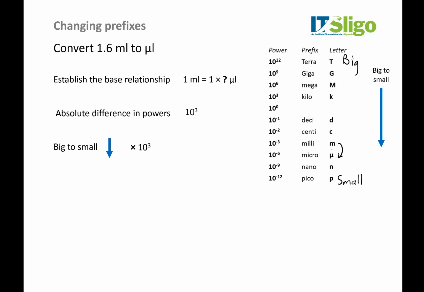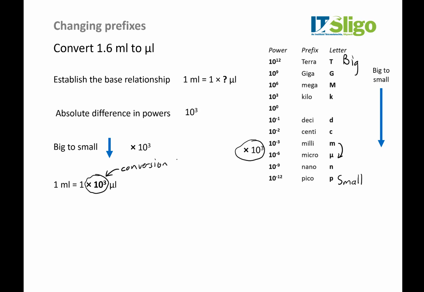And as a result, guys, you multiply by the difference in powers. So this becomes our conversion factor. Like I said, 1 milliliter is 1 by 10 to the power of 3 microliters. So that's our conversion factor.